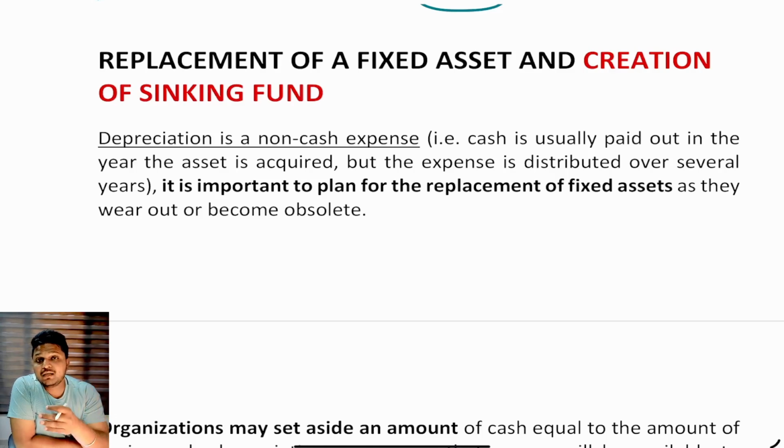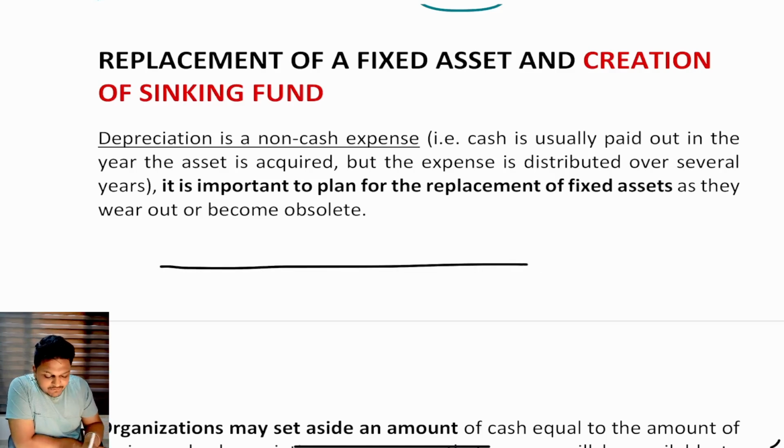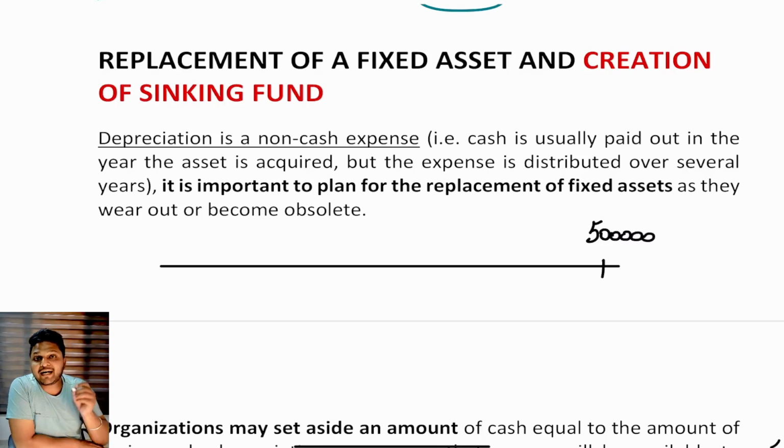Now, that particular money can be set aside so as to create a fund, which is said to be the sinking fund. Now, what is the concept of sinking fund? Let's say after 5 long years, I want to have a value of rupees 5 lakh so that I can replace my current asset, right? So that is the sinking fund.